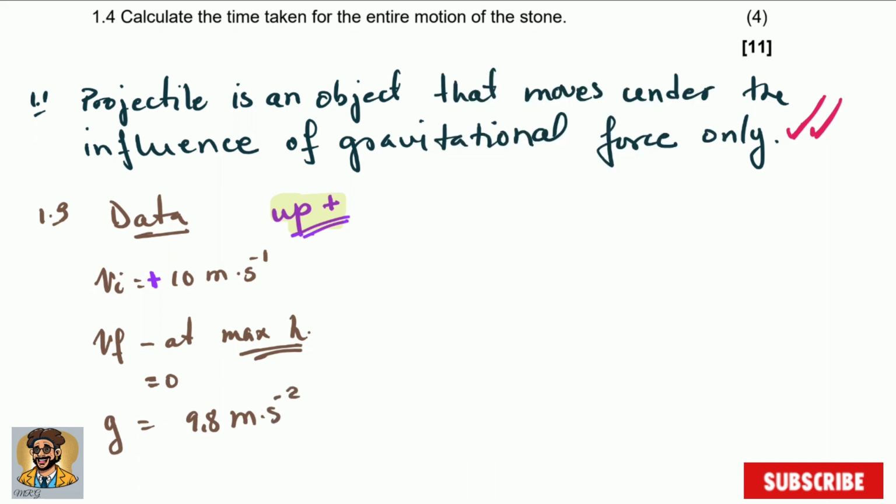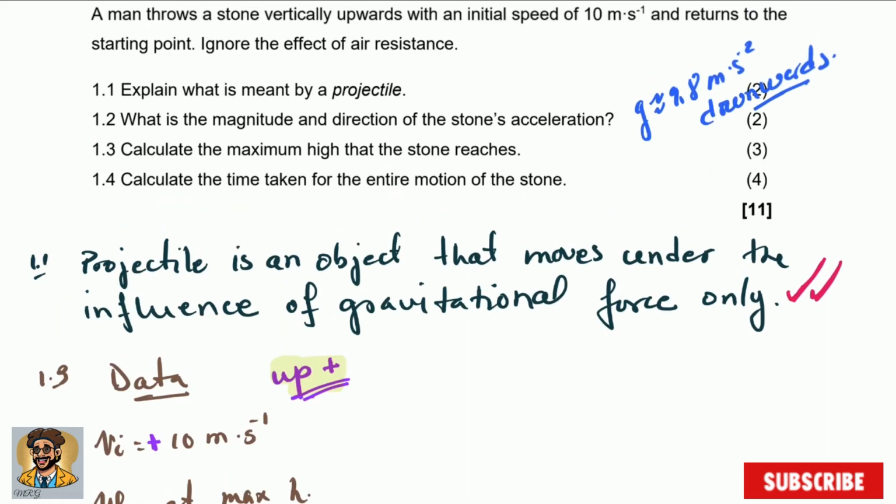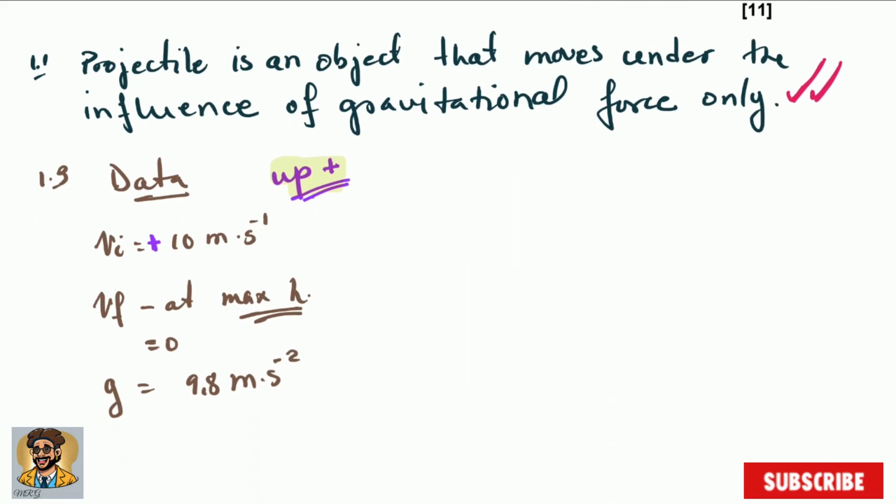But because we say that up is positive and acceleration due to gravity is always down, in this case it's going to be negative. And then finally, we are looking for maximum height, which in this case is the displacement of the object. Let's write it like this.